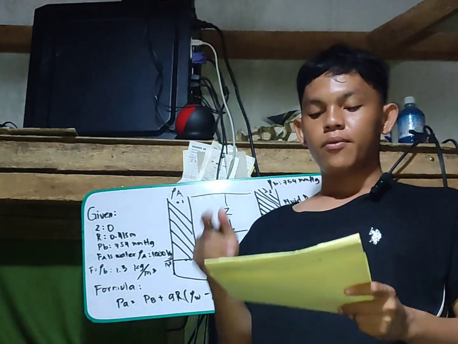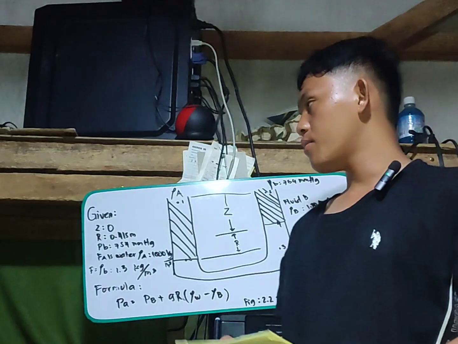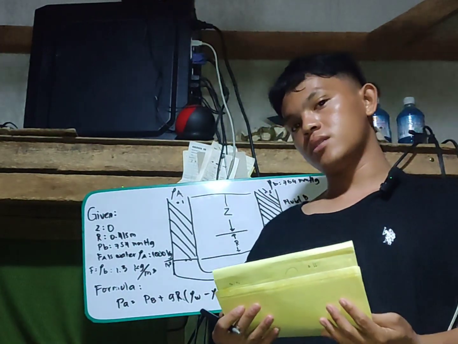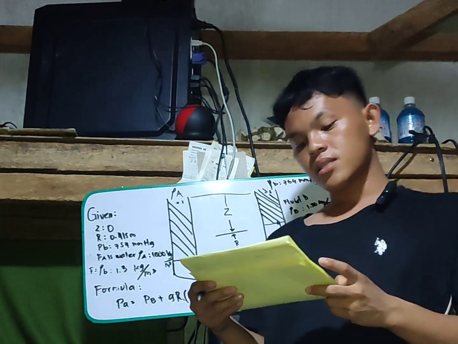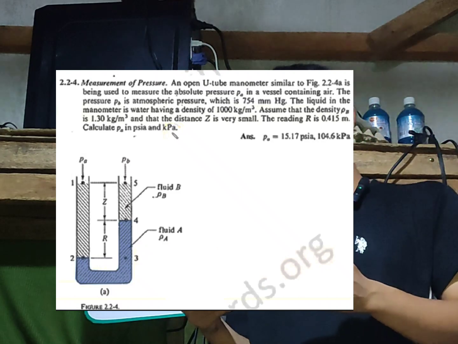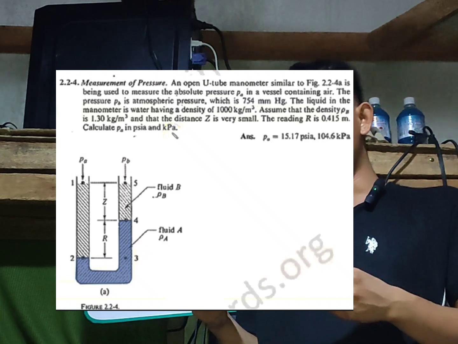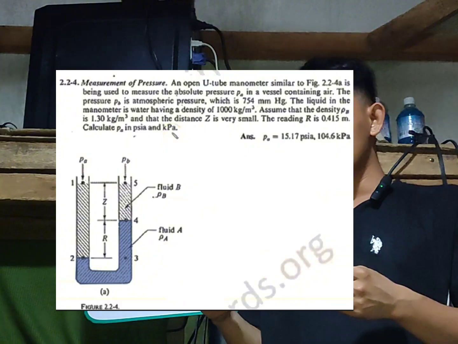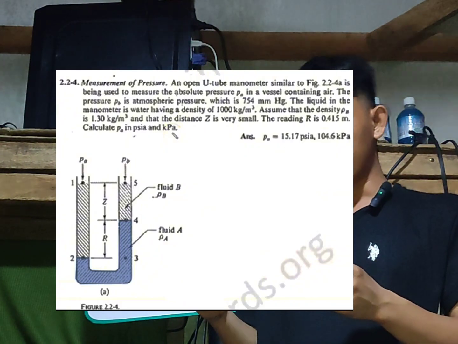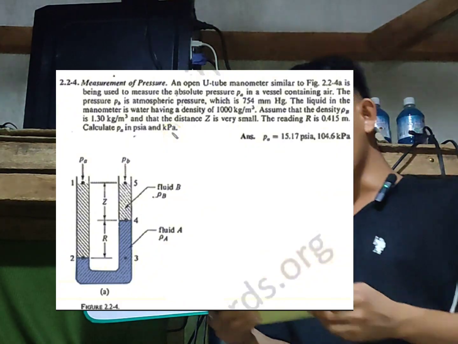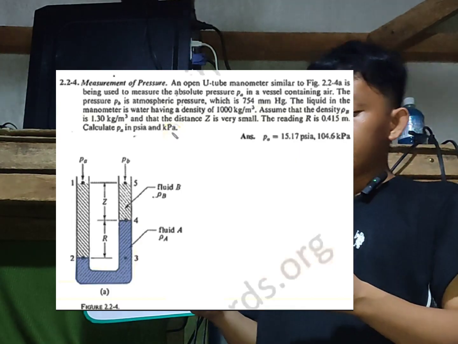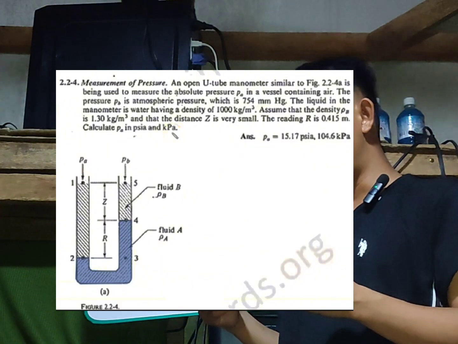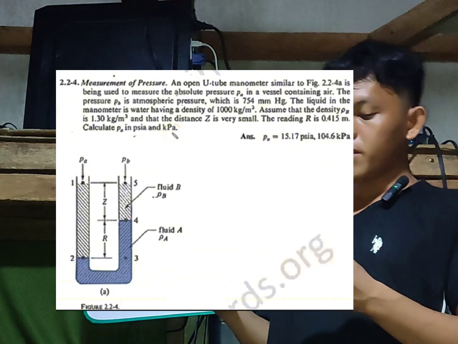So, here we are going to give the second example of this problem. So, the problem is 2.2-4, measurement of pressure. An open U-tube manometer similar to figure 2.2-4 is being used to measure the absolute pressure A in a vessel containing air. The manometer fluid is water having a density of 1000 kilograms per cubic meter.